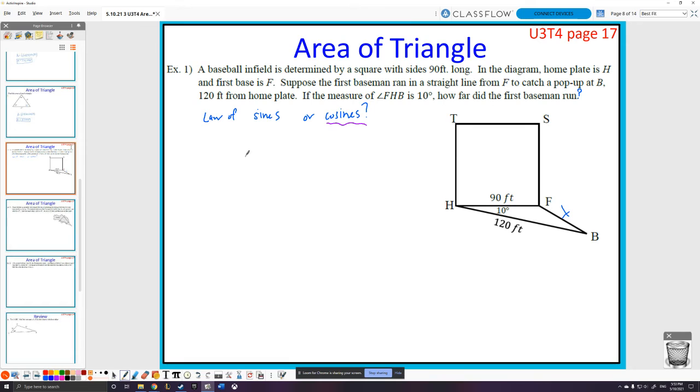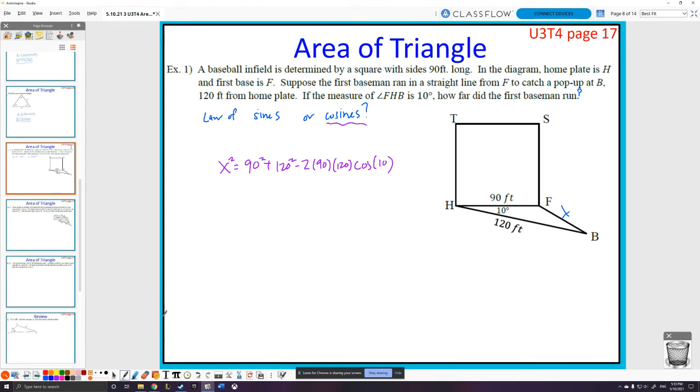I'm solving for the side x. x squared is going to equal the other two sides individually squared, minus 2 times 90 times 120 times cosine of the angle in between them.